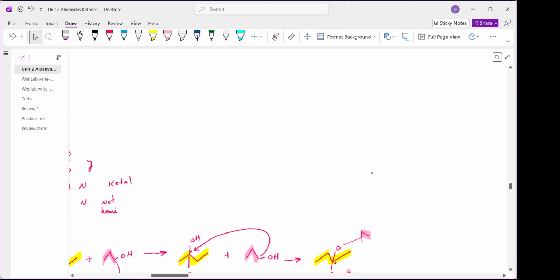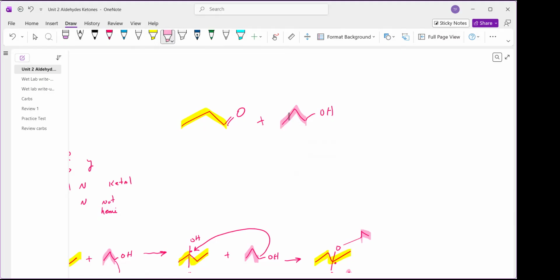All right, let's do another one, only this time let's start with an aldehyde. Throw in an alcohol. Okay, so we have our two backbones.